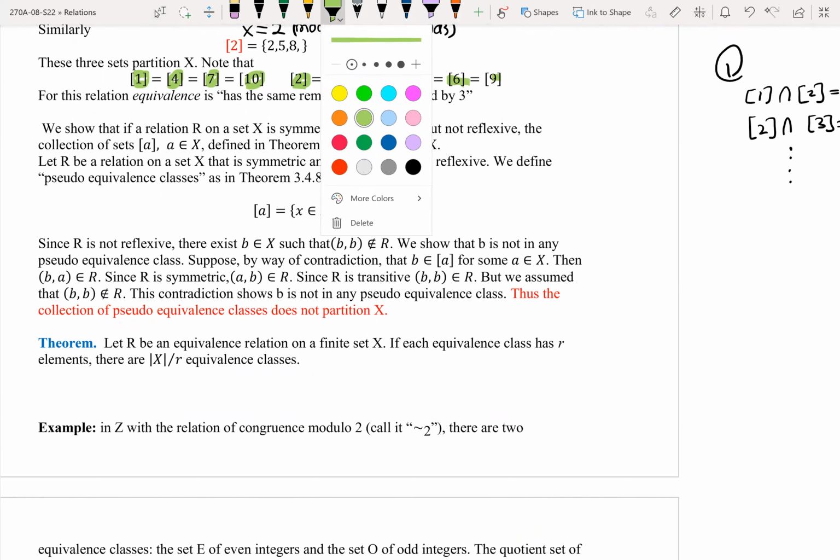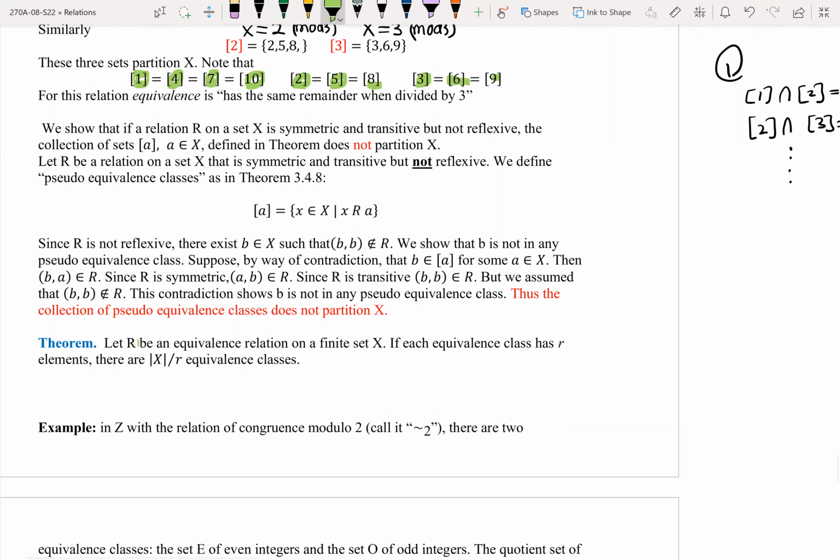I want to say what is the relation between the classes of equivalency over here. If you have a relation which is reflexive, symmetric, and transitive, and it's on a finite set, then each class of equivalency has exactly R elements.